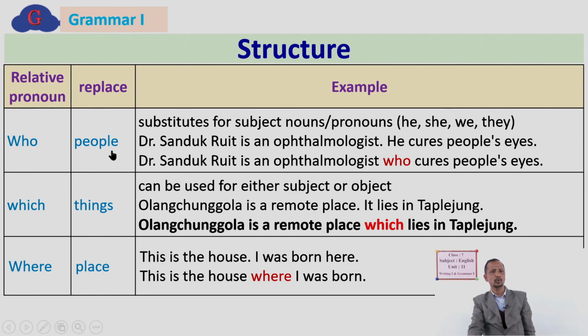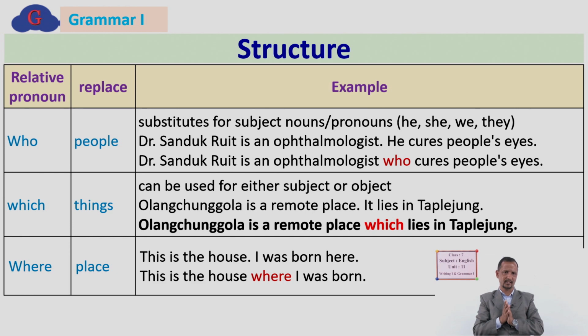Who we use for people, and as you can see, it substitutes for subject nouns and pronouns like he, she, we, they. As in the example, Dr. Sanothimi is an ophthalmologist. He cures the people's eyes. Two sentences. Now, the second one: the doctor is an ophthalmologist who cures the people's eyes.